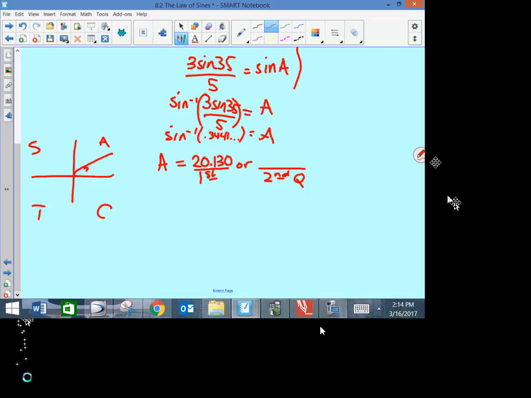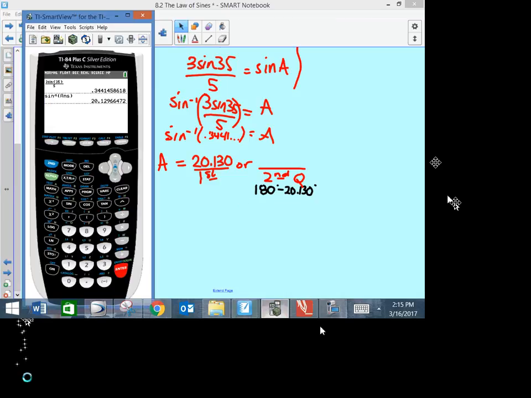That's this angle. How do I get the second quadrant one? Pi minus that. We're going to do 180 degrees minus 20.130. 180 minus my answer.